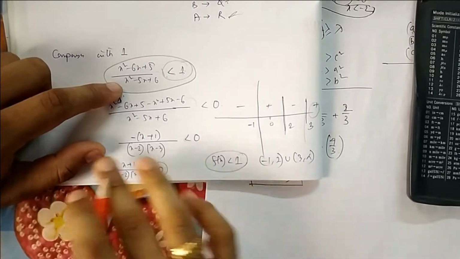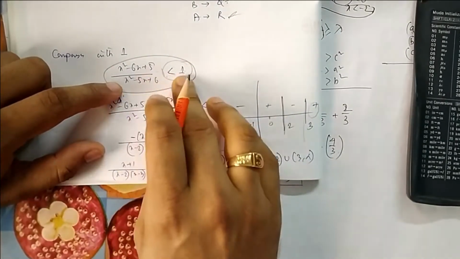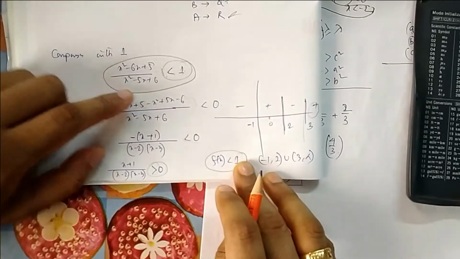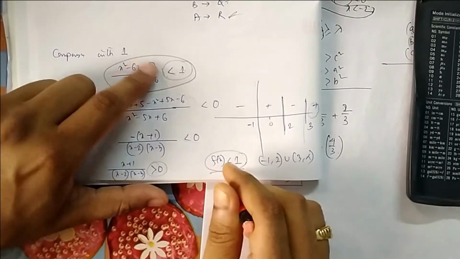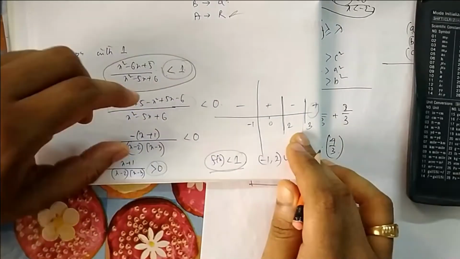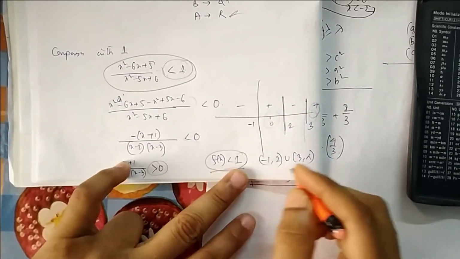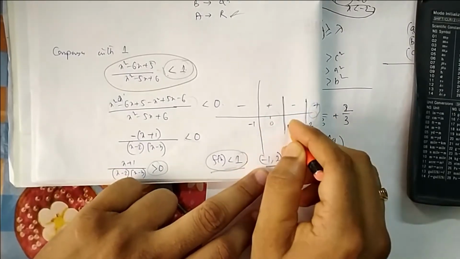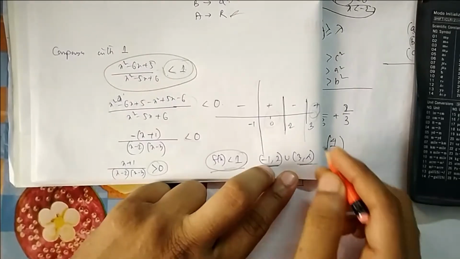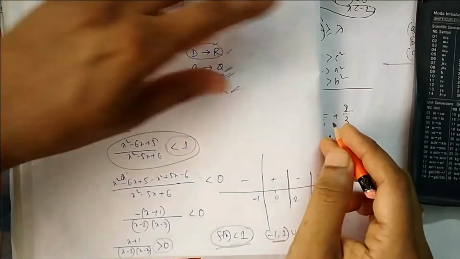You are getting positive, that is a different issue because you have moved 1 to that side, but I started for less than 1. So whatever conclusion I am making, that is f(x) for less than 1. This was my original f(x). I have modified f(x) by bringing minus 1 to that side. So you see where it is positive, this zone and this zone. So it will be less than 1 from minus 1 to 2, and it will be from 3 to infinity.